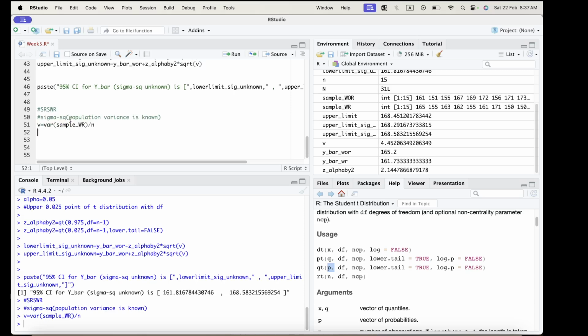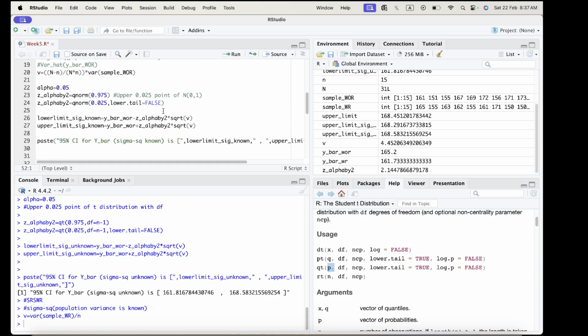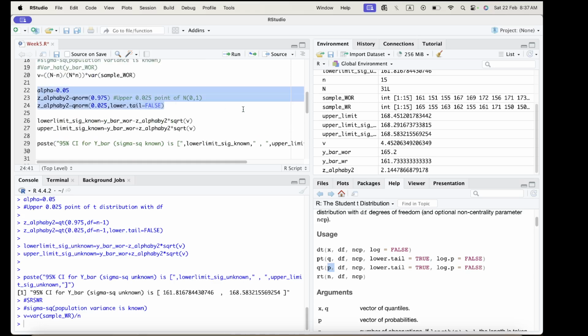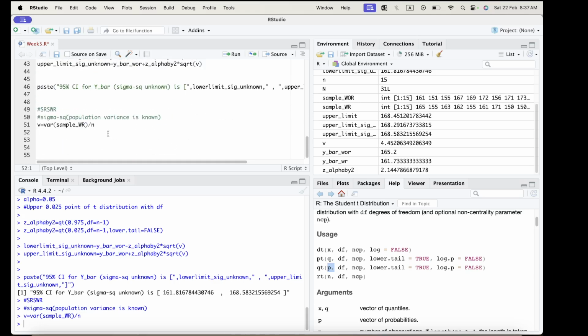And since population variance is known, I am going to have Z alpha by 2 as this thing.